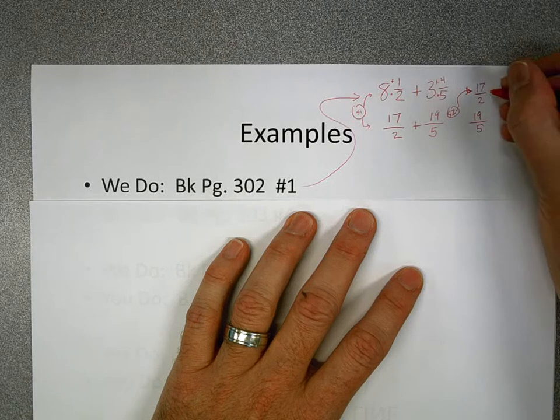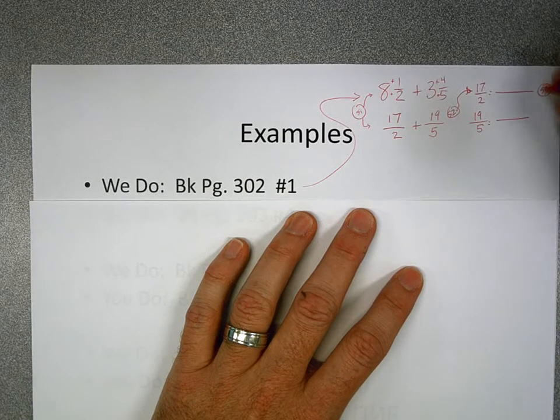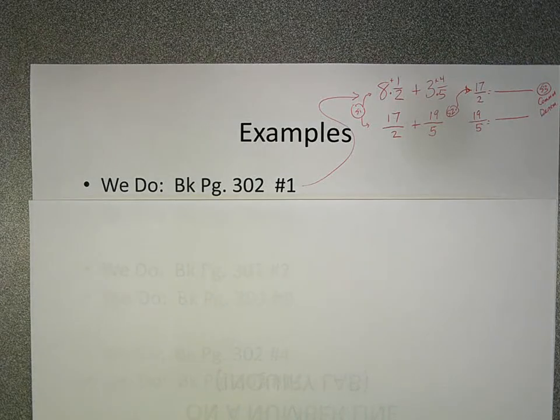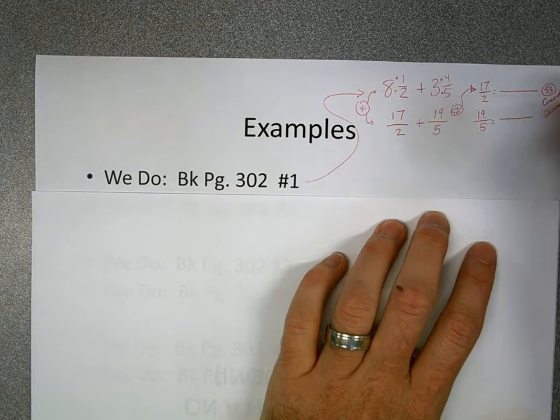Because what we're going to do next is part of step 3, and that is we're going to find common denominators. Even though we're not using a number line, it's kind of converting it to where you could use a number line if you wanted to. You've got to have those denominators the same so you can add and subtract them to get a true answer.